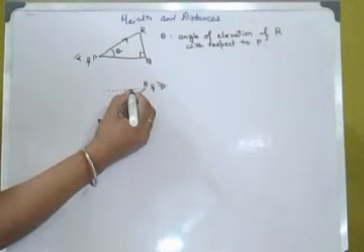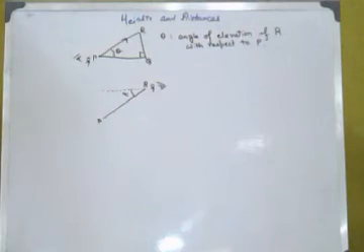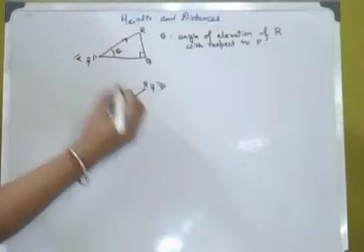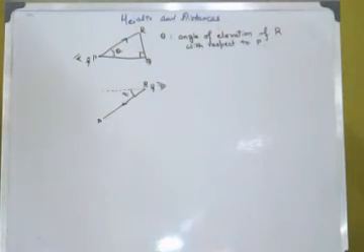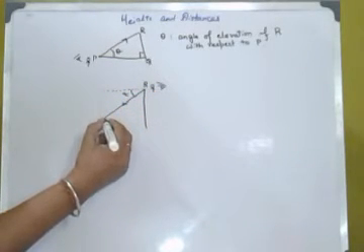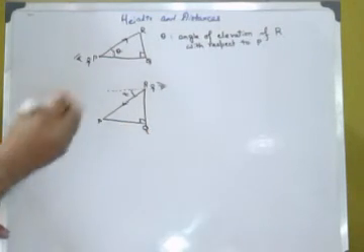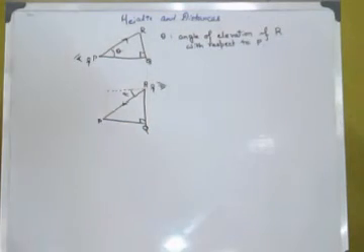So if this angle is alpha, this angle is called the angle of depression.